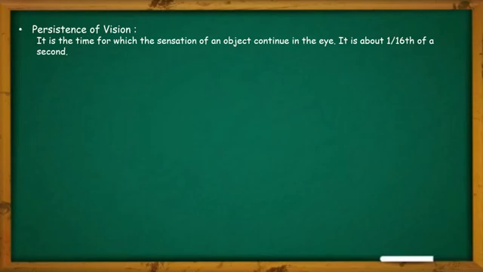Movies are nothing but continuous photographs taken with a time lapse between two photographs which is less than 1/16th of a second, so that all those photographs do not look like individual photographs, rather it appears as if the event is continuous, which we see when looking at a movie. So this is happening due to the persistence of vision.